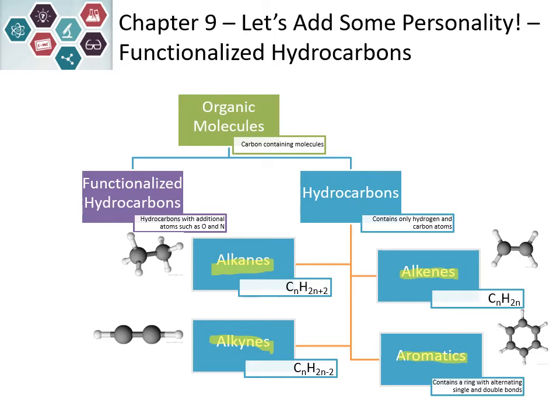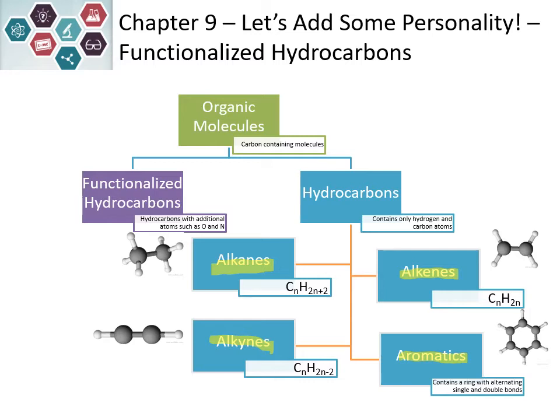So remember, alkanes contain only single bonds. Alkenes contain at least one double bond. Alkynes have a triple bond, and aromatics tend to be ringed structures with alternating single and double bonds.